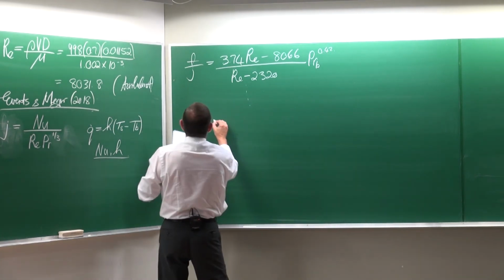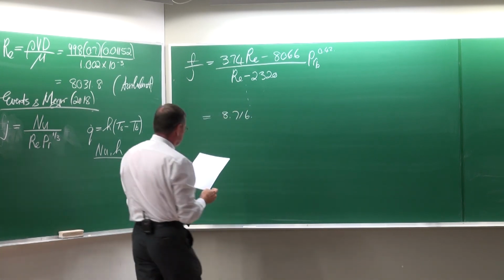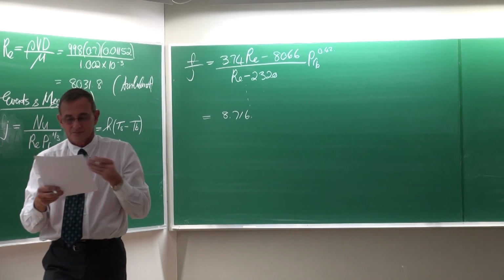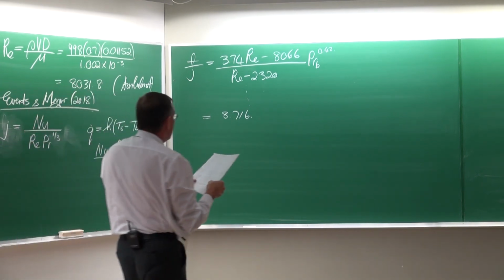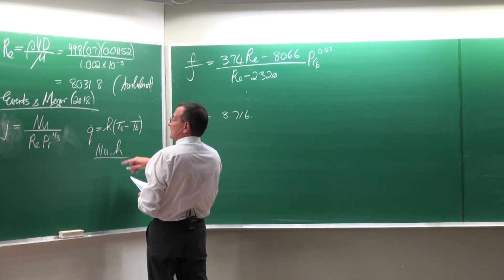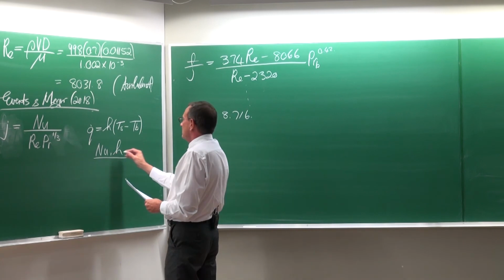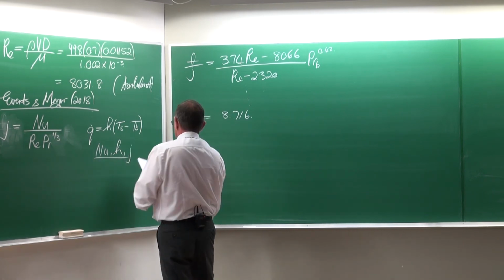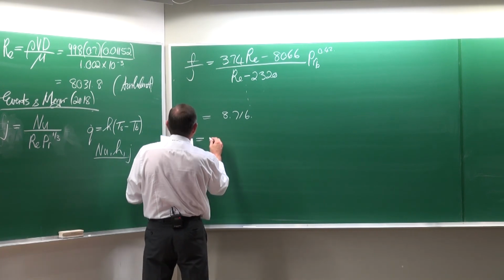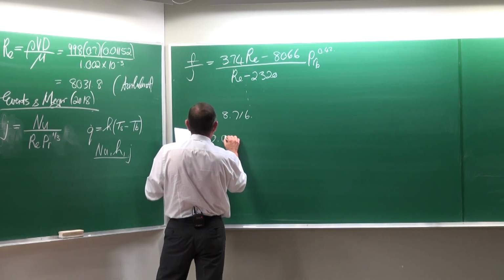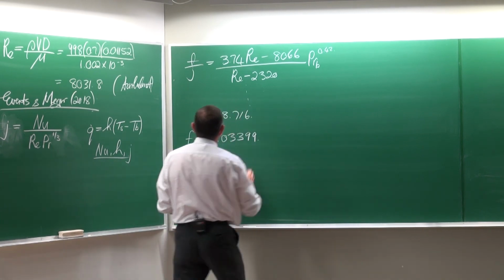Go and do that, it is equal to 8.716. Okay, and the J factor you can get from there. As I've said, I've missed calculating it in terms of the specific values. But if you then go through it, you'll get that the friction factor is equal to 0.03399.